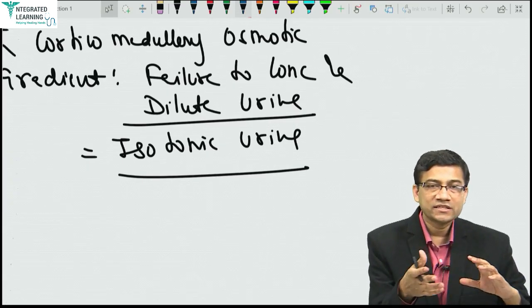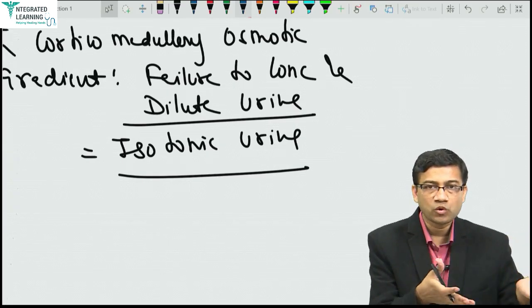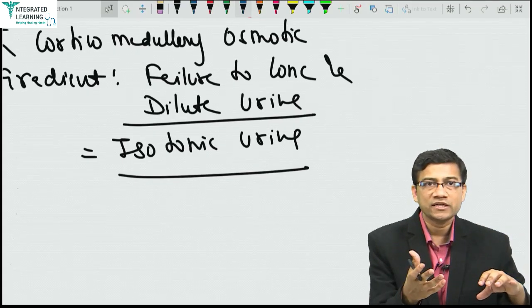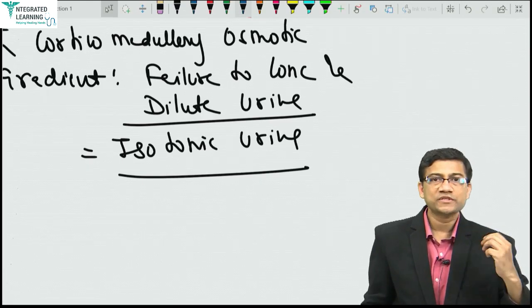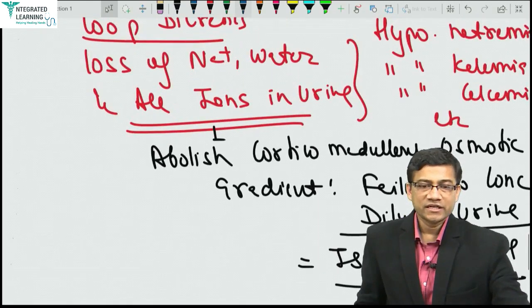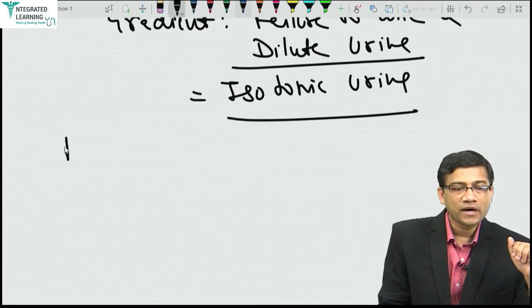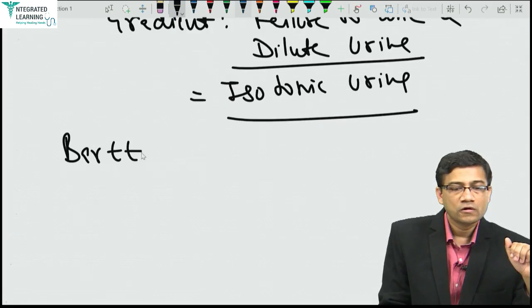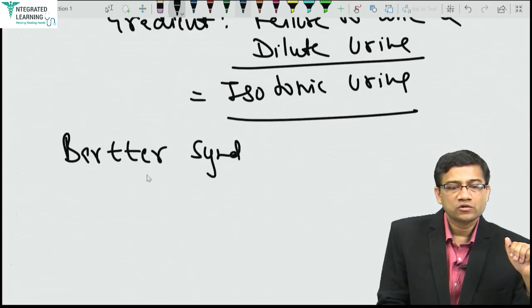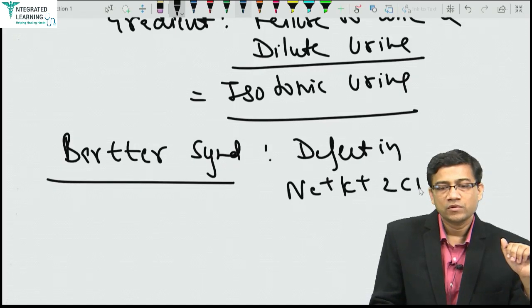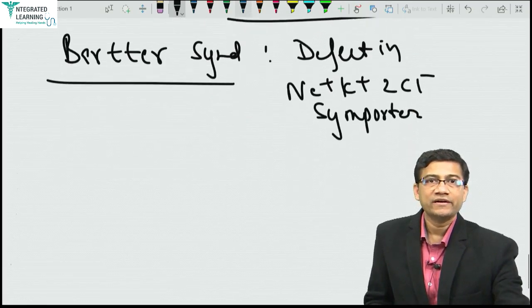Okay, and I'll discuss free water clearance later, in the topic of clearance. Right now it abolishes the gradient, and you can't concentrate, you can't dilute. Okay, and a special thing, this condition looks very similar to a condition where the transporter is defective. That is called Bartter syndrome. There is a defect in the sodium potassium 2 chloride symport, and that's why it resembles what condition?